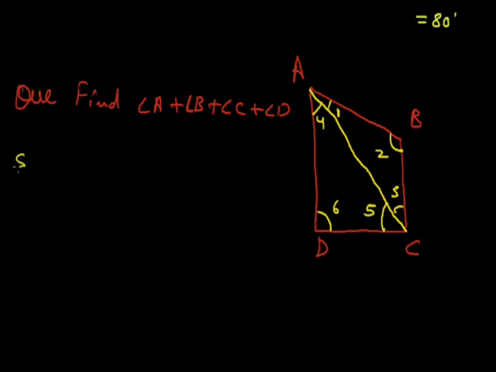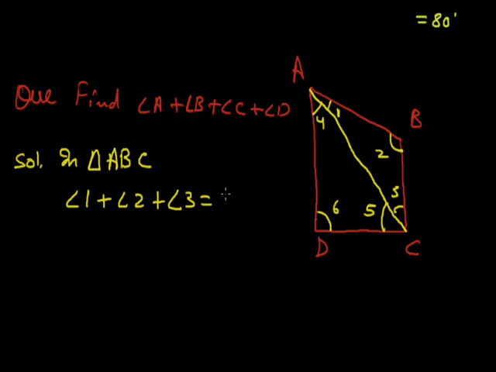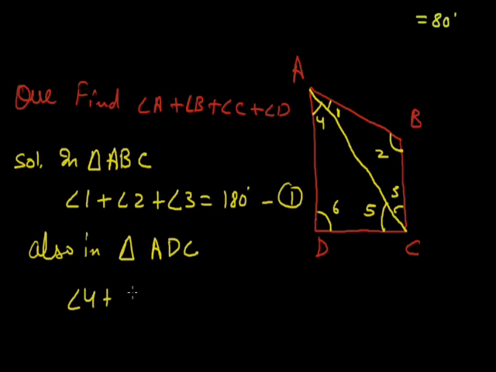Now in triangle ABC, angle 1 plus angle 2 plus angle 3 is equals to 180 degree by the angle sum property. Also in triangle ADC, angle 4 plus angle 6 plus angle 5 is equals to 180 degree by the angle sum property.